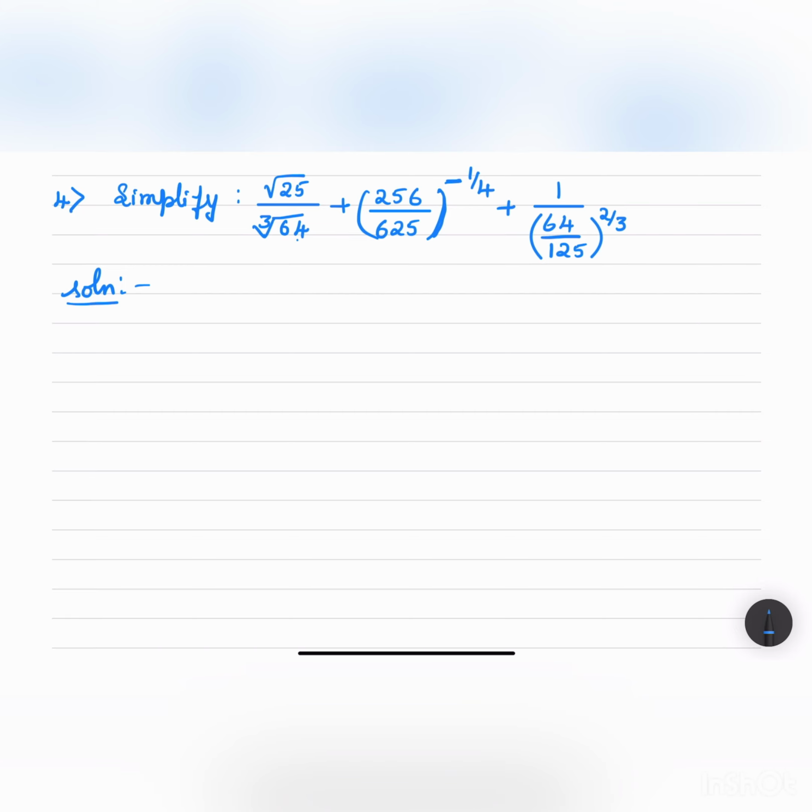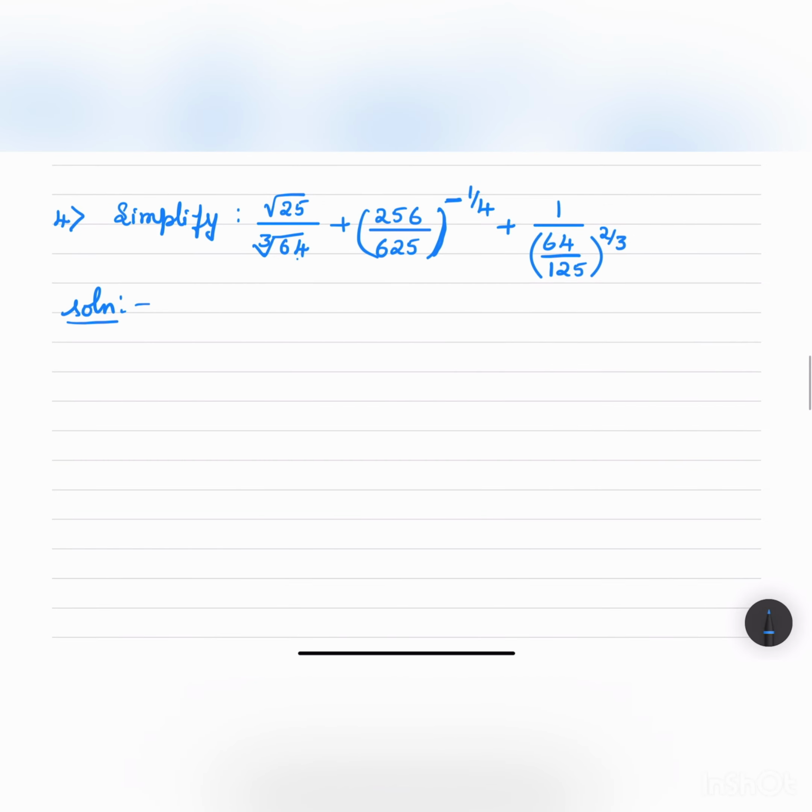Simplify this: square root of 25 by cube root of 64, plus 256 by 625 to the power of minus 1 by 4, plus 64 by 125 to the whole power 2 by 3.